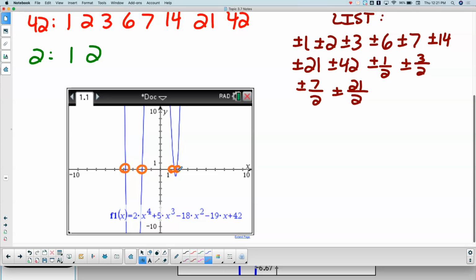This one works. Is -2 a 0? Yes? No? Maybe?